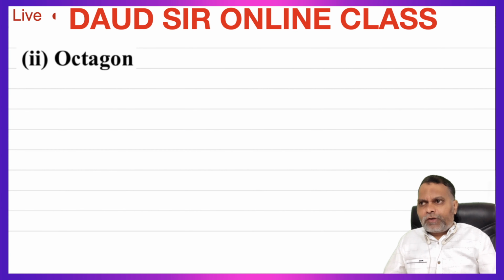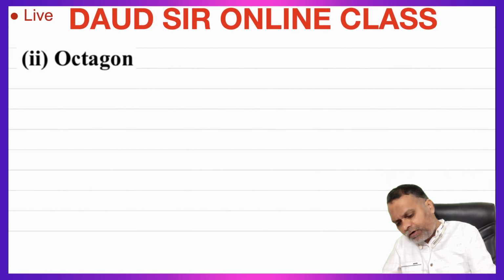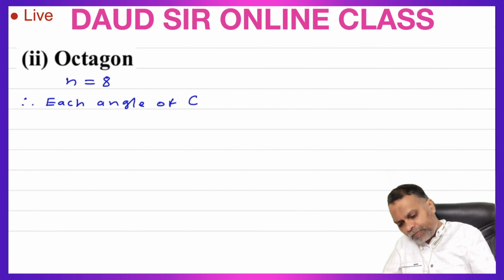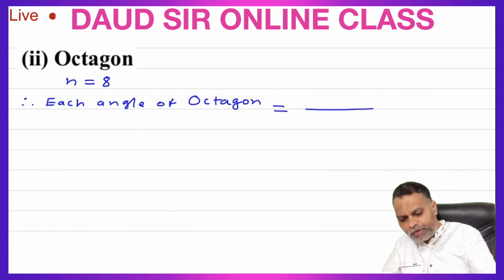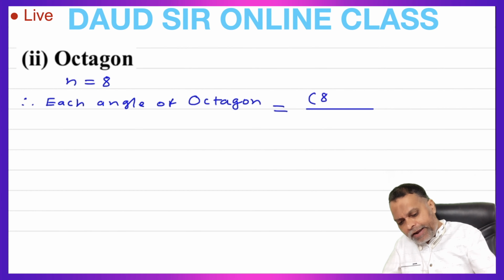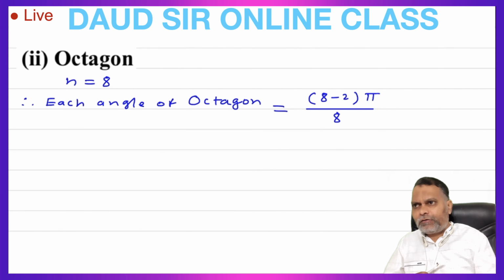Second part, octagon. In an octagon the number of sides is 8. Therefore each angle of an octagon is equal to (n minus 2) into pi upon n.